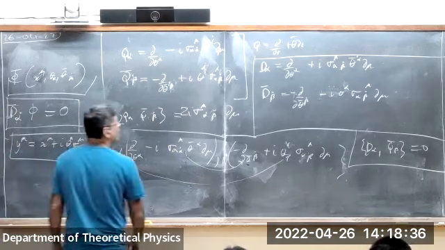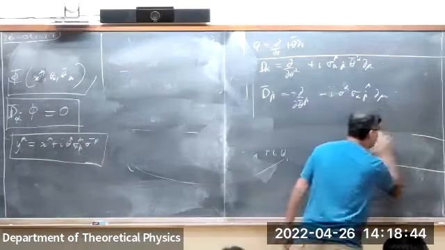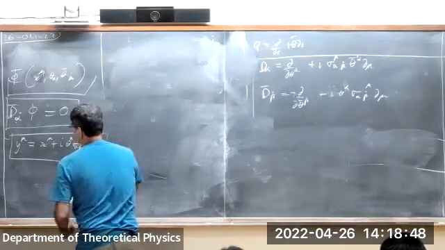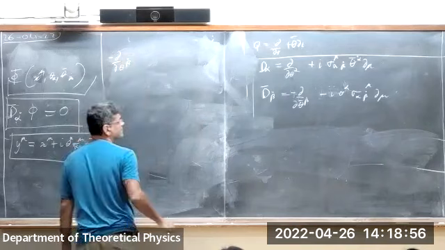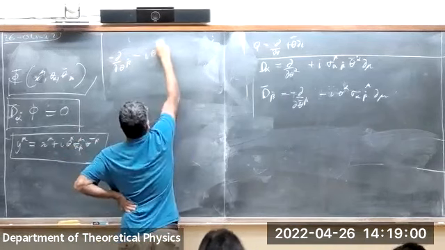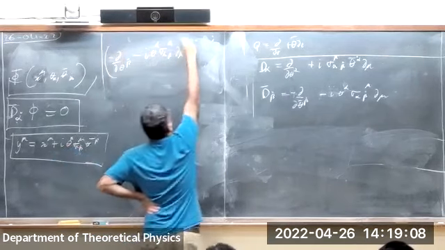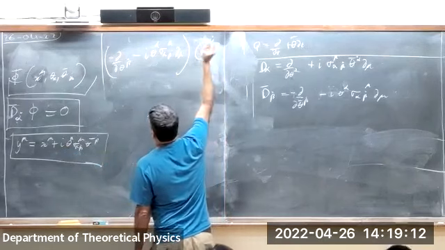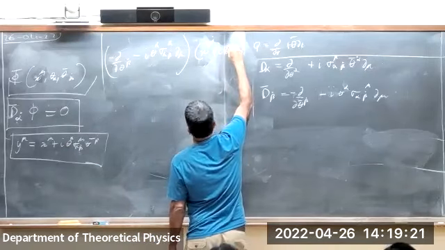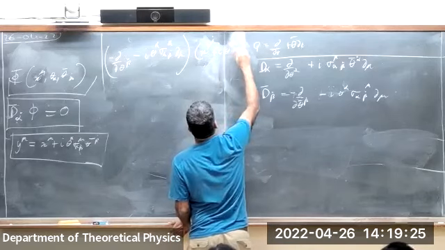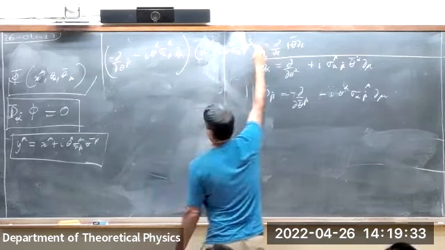What I want to check is that minus del by del theta bar beta dot minus i theta alpha sigma mu alpha beta dot del mu, acting on x mu plus i theta gamma sigma mu gamma delta dot theta bar delta dot, is equal to 0.